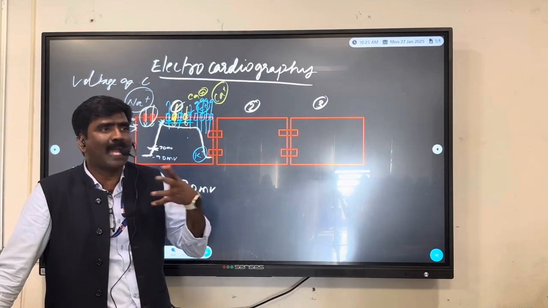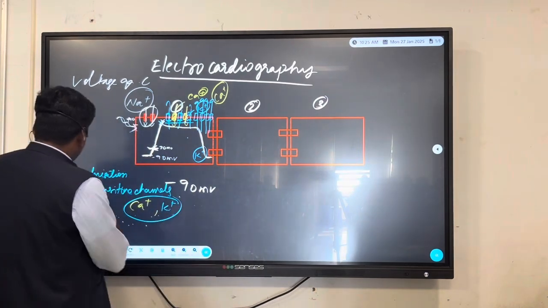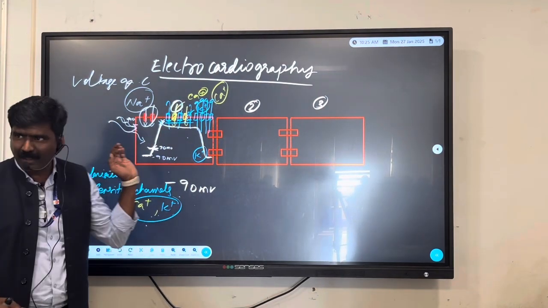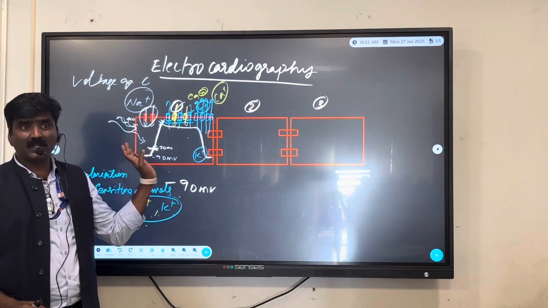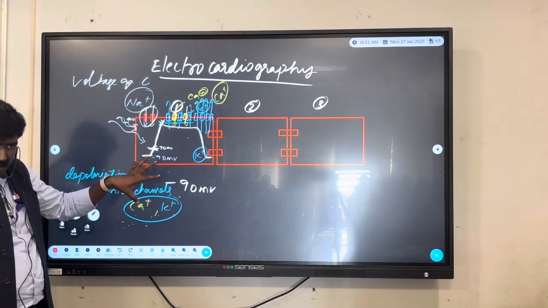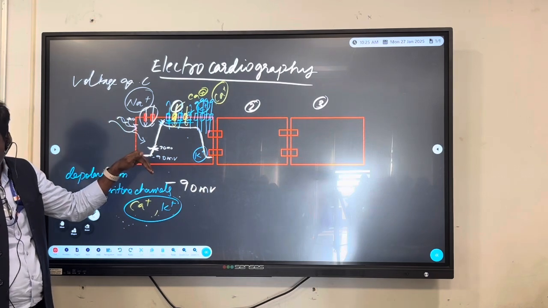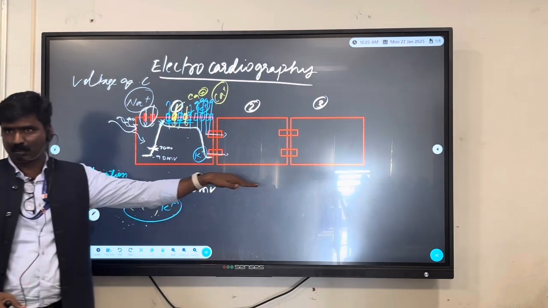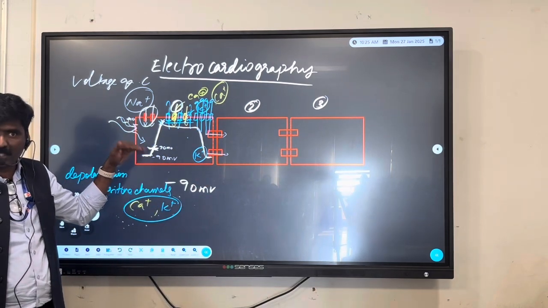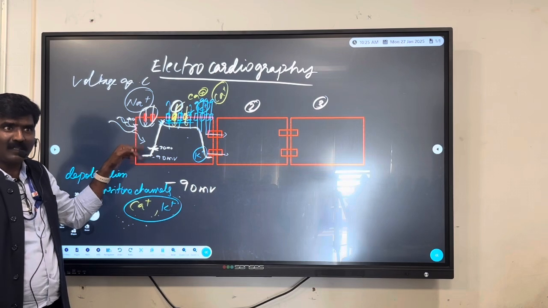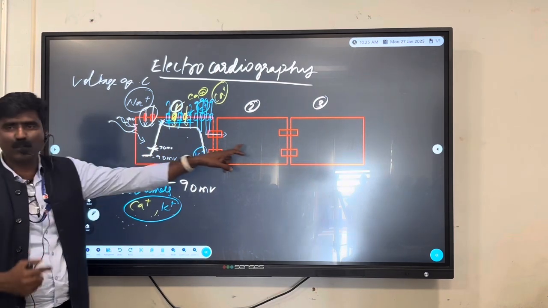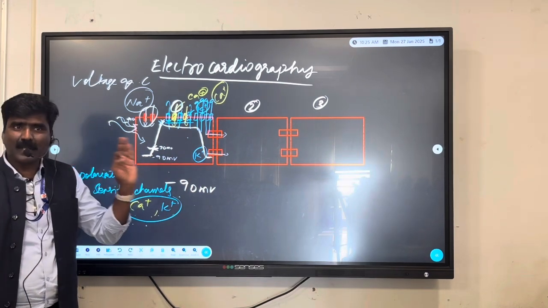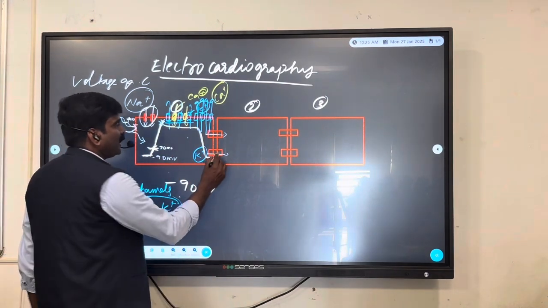When the first cell was stimulated, and sodium is entering into the first cell, some amount of the sodium will enter into the second cell also. At the time of depolarization of the first cell, only this cell we are stimulating. We are not stimulating the second cell, right? But when sodium entered the first cell, some amount of the sodium also entered the second cell.